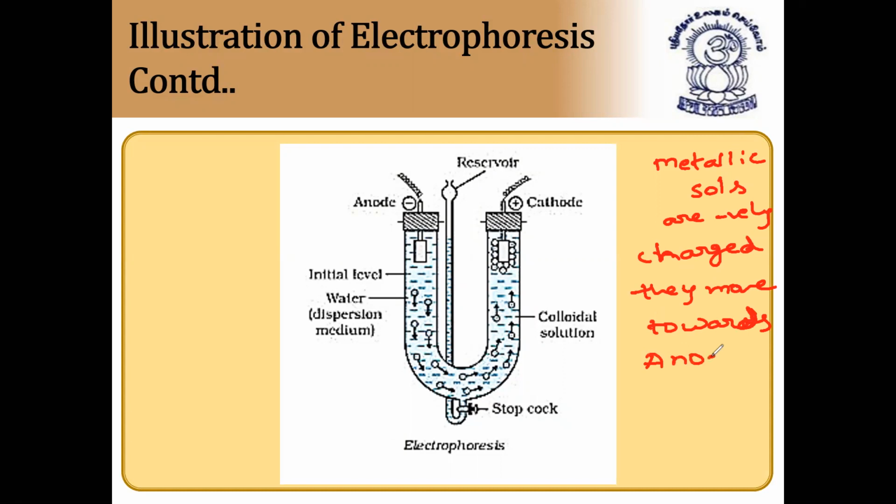Very important: they move towards the anode under the influence of an electric field. Similarly, if we take metallic hydroxide salts, sorry, I am very sorry here, we are right: they are positively charged, so they move towards the cathode.